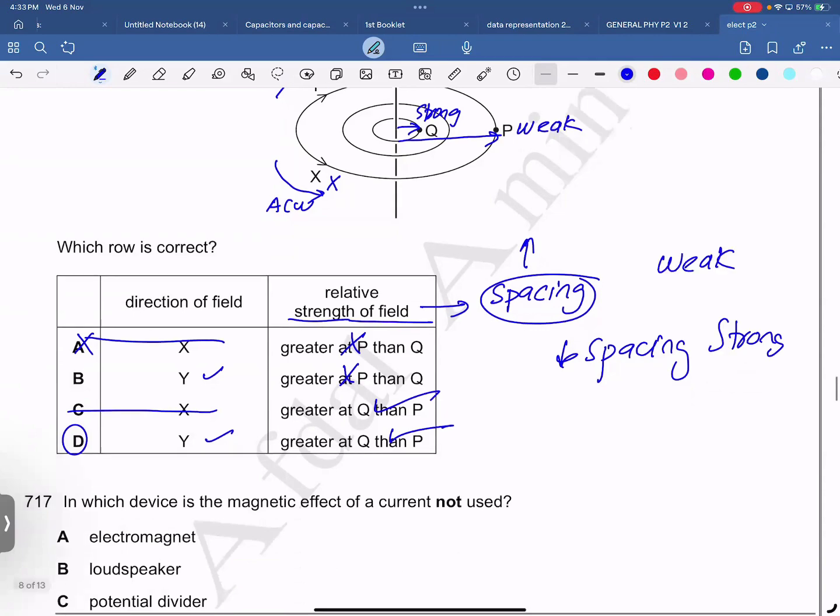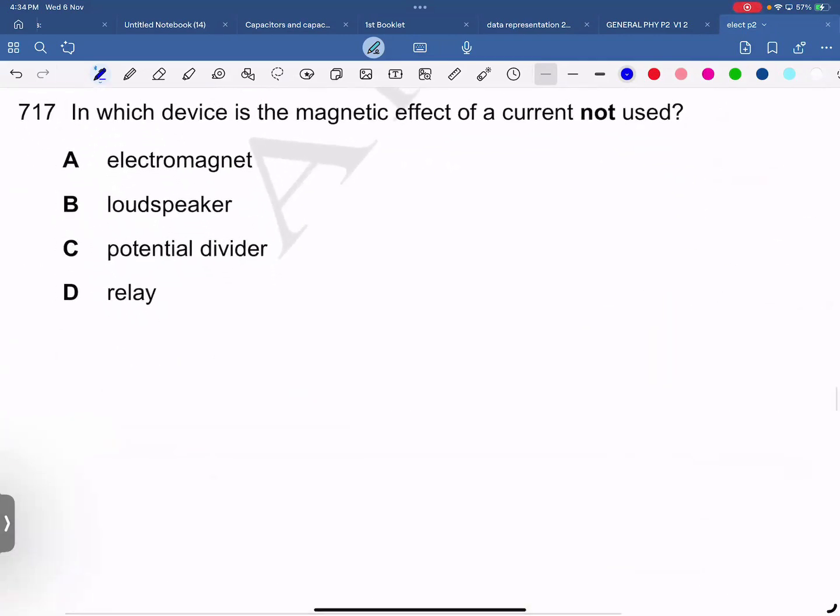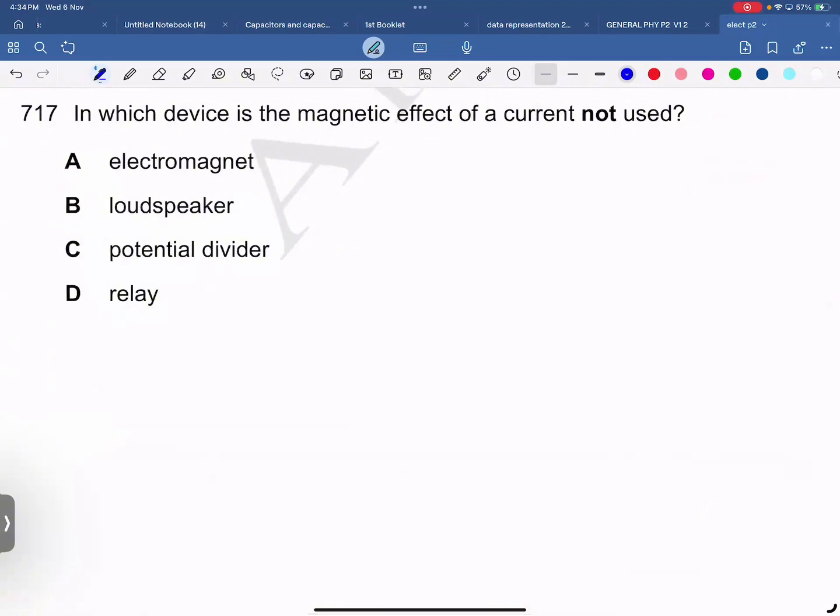Next question, number 717. In which device is the magnetic effect of current not used? All right. Electromagnet itself is the magnetic effect of current. Loudspeaker also uses magnetic effect of current. Potential divider, it doesn't use magnetic effect. Relay uses the magnetic effect.